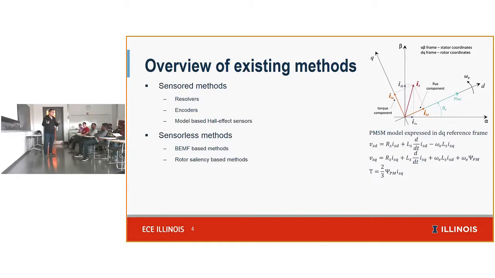However, in the case of some PM machines, like the NASA machine, where there are no salient features at all, this method will not work at all. And there are also other downsides, such as increased hardware costs and complexity, as well as hardware overhead for injecting the signal and additional losses. So both of these methods have their own weaknesses.